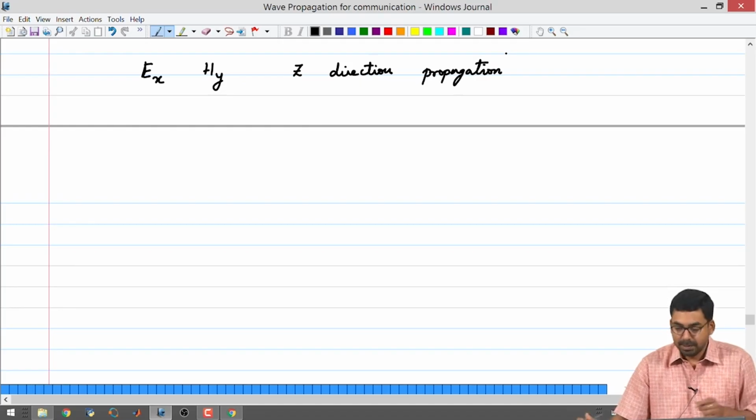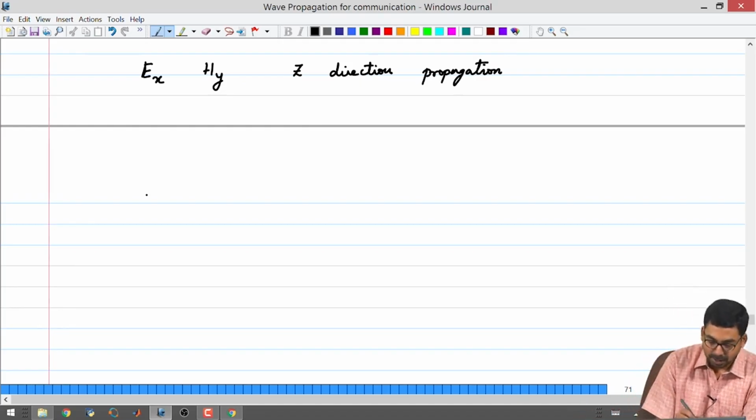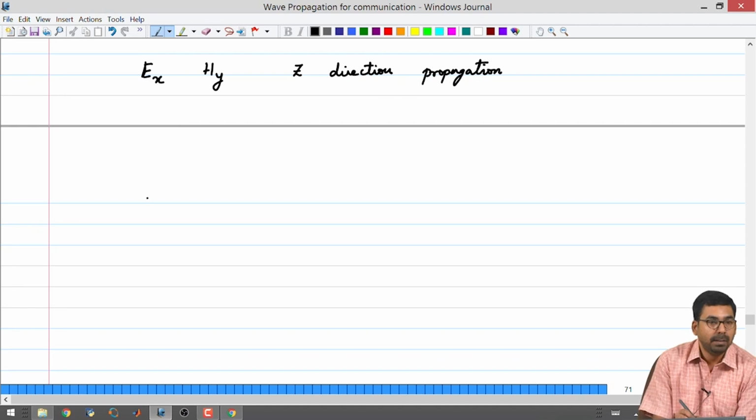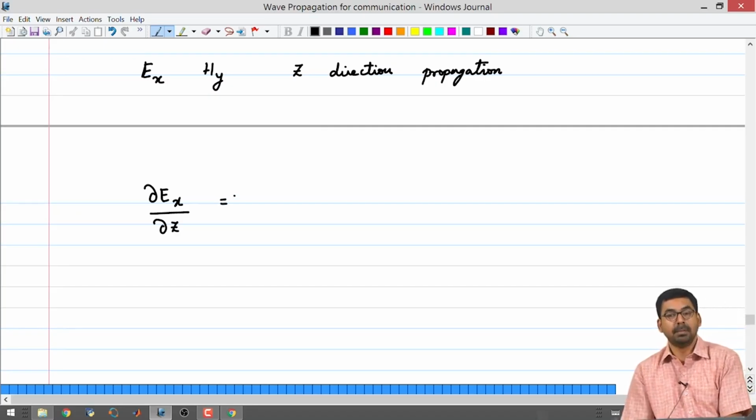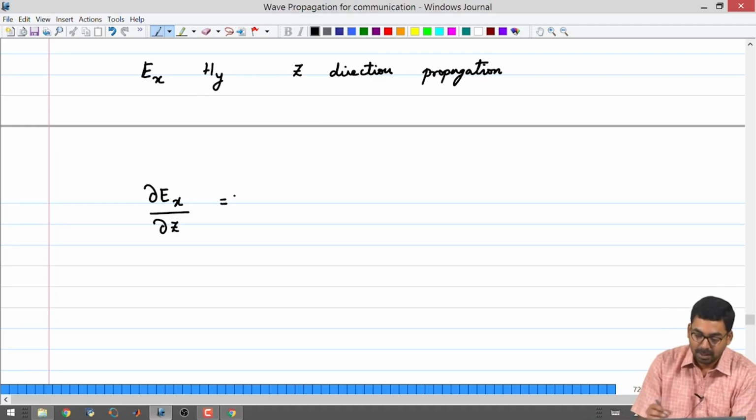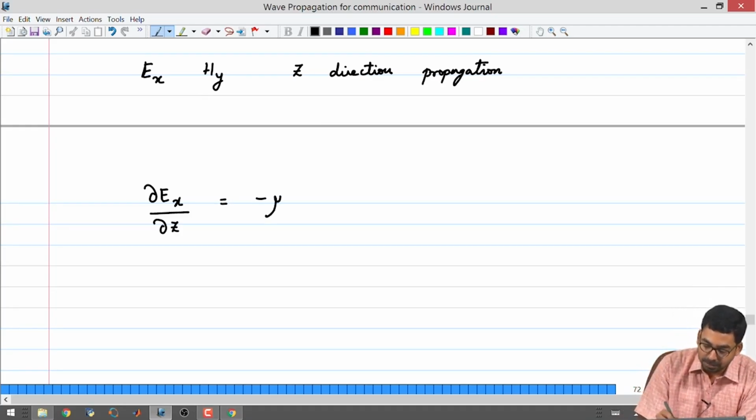Now, if this is the case, my curl equation actually does not have any derivatives in x and y, ∂/∂x, ∂/∂y is just 0. So, I will just end up having ∂Ex/∂z. Okay. So, del cross E became ∂Ex/∂z, right, and I have here minus mu ∂Hy/∂t.